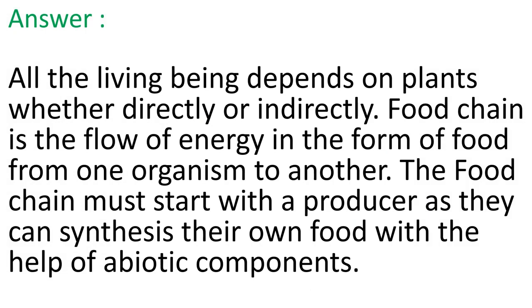Answer. All the living beings depend on plants, whether directly or indirectly. Food chain is the flow of energy in the form of food from one organism to another. The food chain must start with the producer, as they can synthesize their own food with the help of abiotic components.